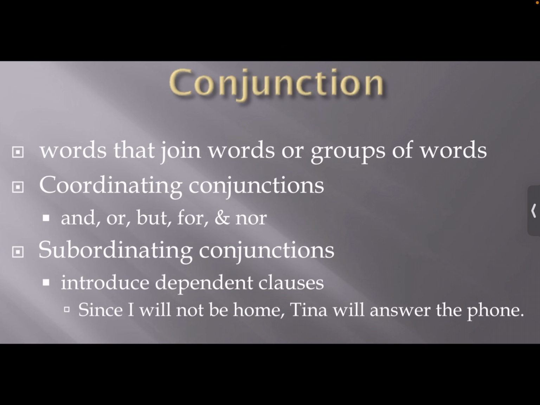Like I said, coordinating, subordinating, and correlative, each one of these serves its own purpose, but they all work together to bring words together. It's almost like linking, like a puzzle.